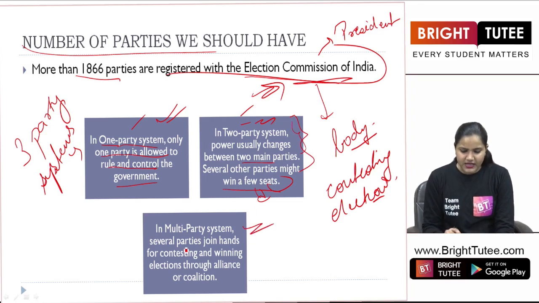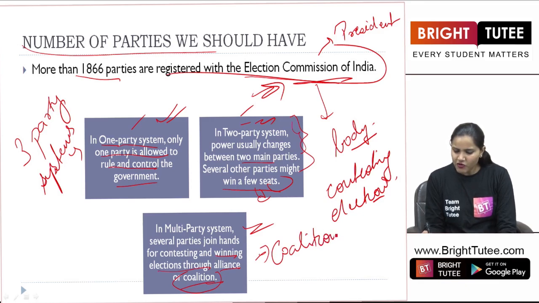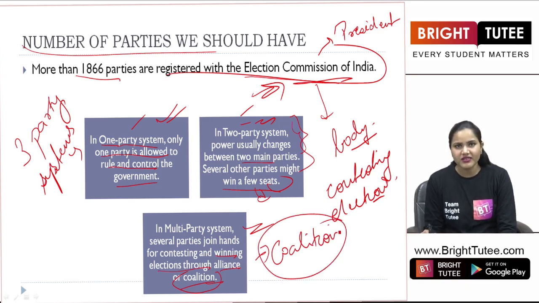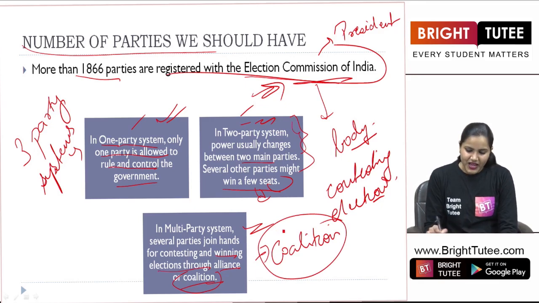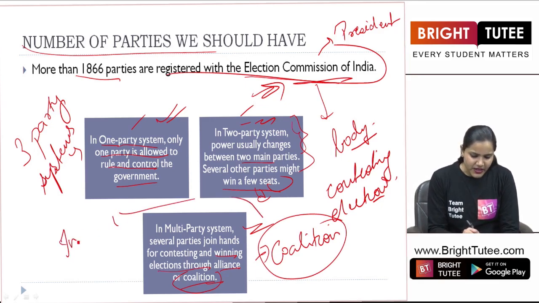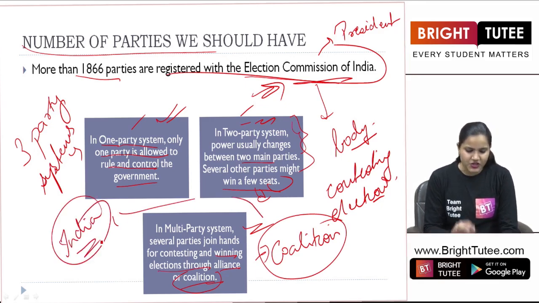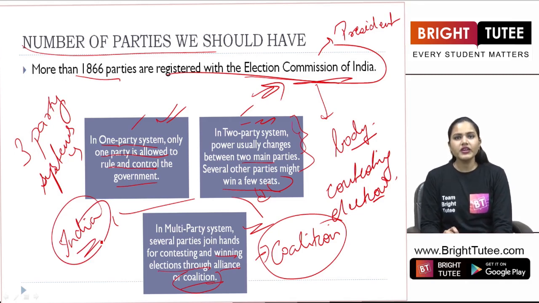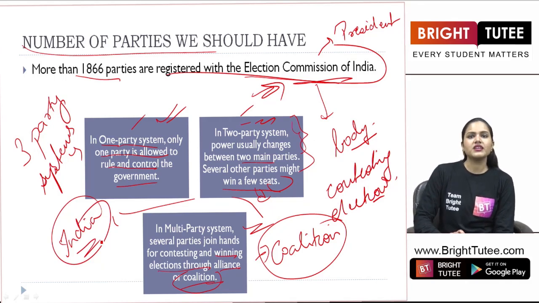Now, in multi-party system, several parties join hands for contesting elections and winning elections through alliance or coalition. Now, here we are going to talk about alliance and coalition government. So, you must have heard the term coalition somewhere. Yes, students, coalition is a term that you might have heard in context of your country, India. So, when we are talking about our country, India, we see that we have multi-party system.